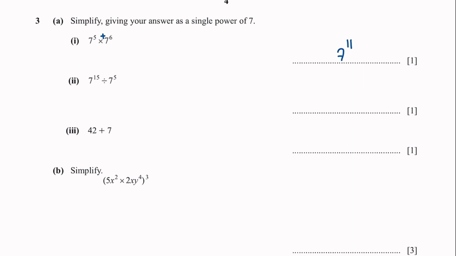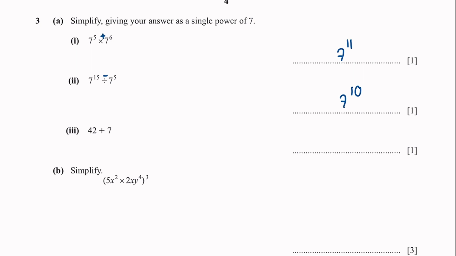And next, 7 power 15 divide 7 power 5 is 7 power 10, because you minus their powers together.